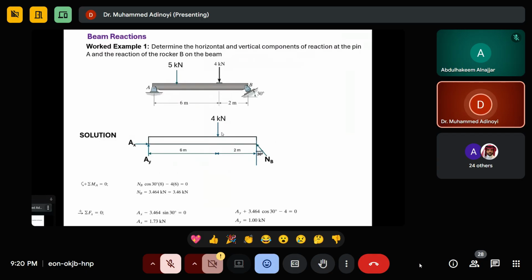The force is supposed to be here also. We just introduced this one, so I'm not putting it here. If it had been there, I'd put it here because of the equation.